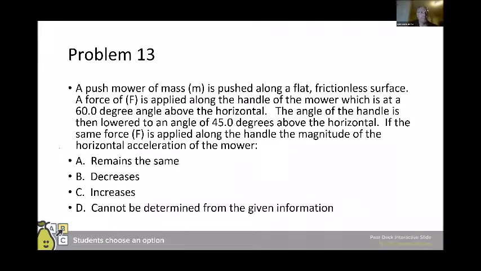Let's look at this one. A push mower of mass M is pushed along a flat, frictionless surface. So let's draw this out. Let's say that's our push mower, and we're pushing it with a force of F. We're pushing down and along the handle like that.